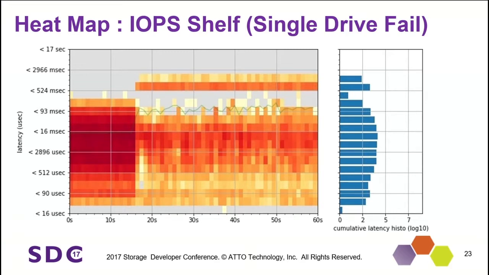What ended up happening is one drive in the RAID group was delaying about 1,000 milliseconds. It was waiting a second to give us our data. And it was just one of the 15.